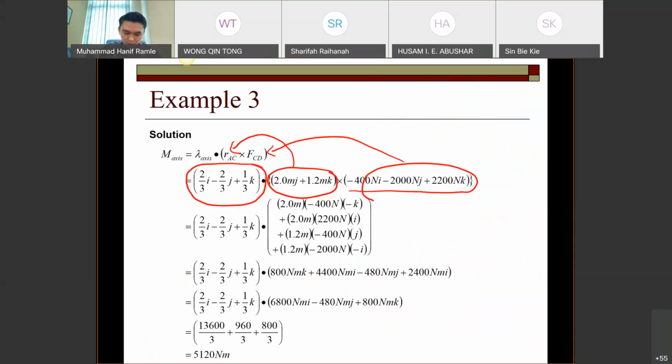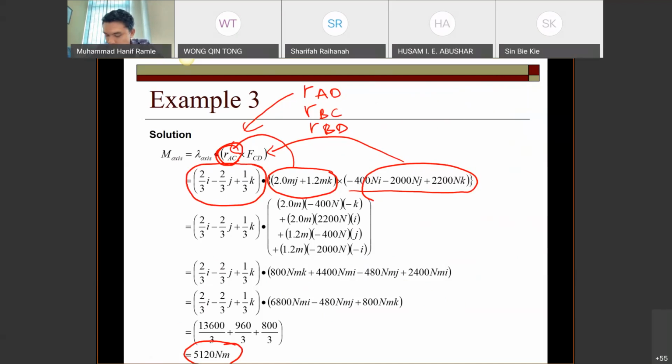So if you use RAD, RBC, RBD instead of RAC, you will get the same answer, 5,120 Newton meter. You have to try. In this class, I will not show you because we do not have enough time to show everything.